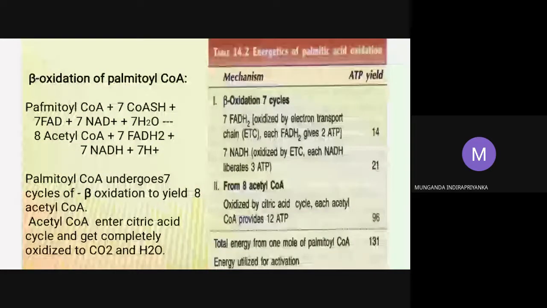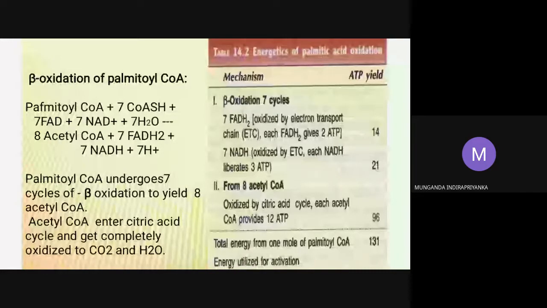This gives rise to 8 acetyl-CoAs, because 7 cycles give 7 acetyl-CoAs plus the resultant compound is also acetyl-CoA. Totally 8 acetyl-CoAs plus 7 FADH2 plus 7 NADH2 are formed in this beta oxidation cycle of palmitoyl-CoA. Understood?